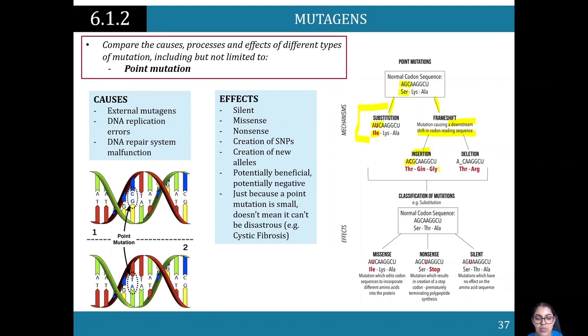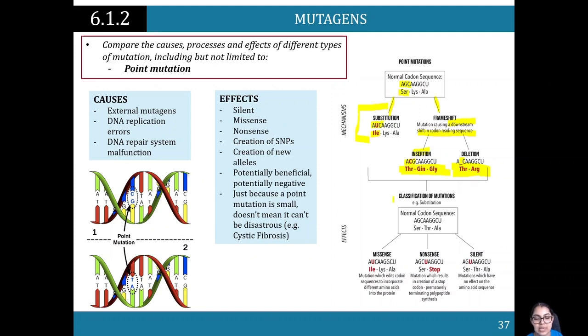So here we have inserted a C just before the G there, and that has, instead of changing just one amino acid, actually changed the whole sequence here. Same thing happens if a deletion happens. So we've deleted the G here, and that has also changed the whole sequence there.